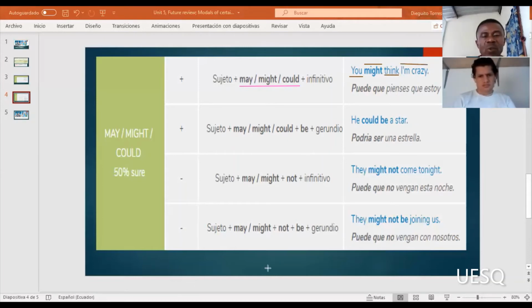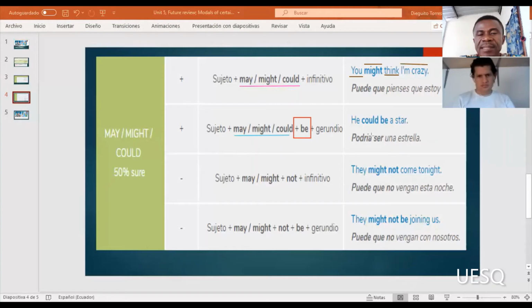We also have the next example. They are the same modal verbs we are using, but this time we are adding be. So let's see how it works. First, your subject, then any of the modal verbs, may, might, or could, plus be, plus the gerund.